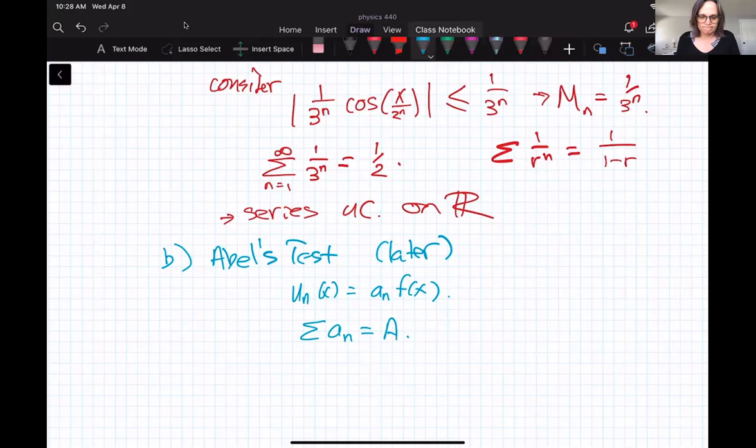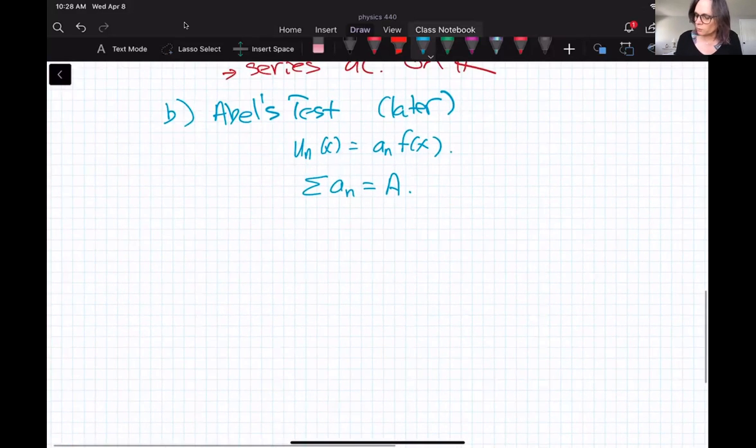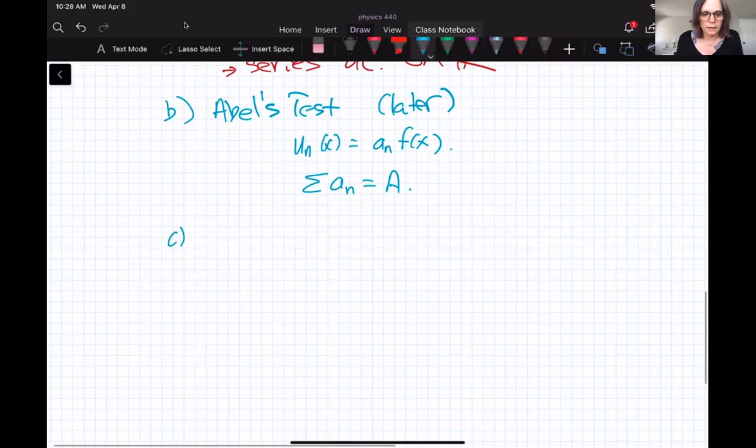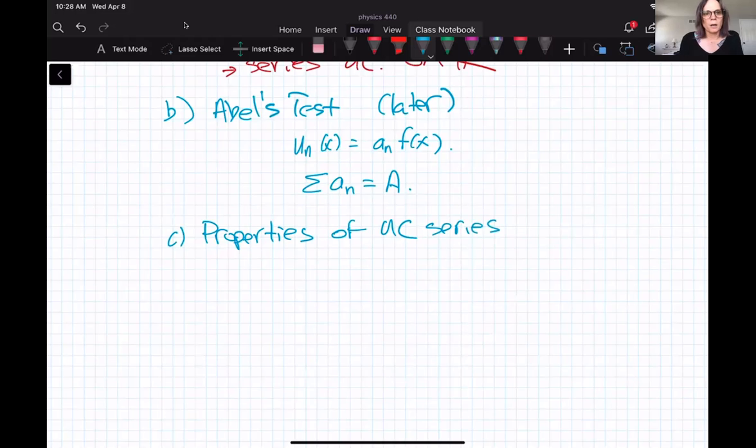Okay. All right. The last thing that I want to say about this before we move on, and then I'll take any questions you have, is the reason why we care about this, and that is the properties of uniformly convergent series. Okay. So there are basically a couple of things here.